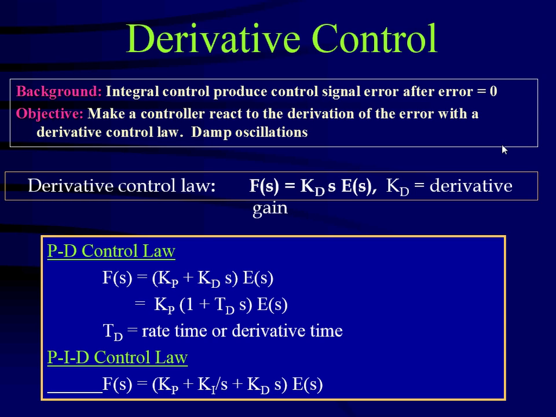So you can have a control law which would be proportional and derivative control, or you can have a PID controller which means proportional, integral, and derivative control. So tweaking these three is an objective of doing design of control systems.